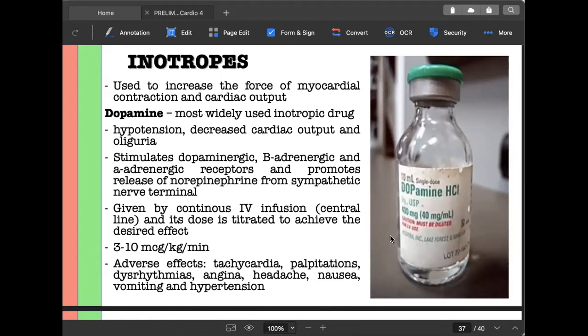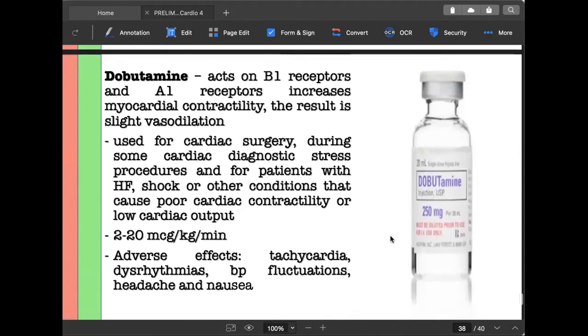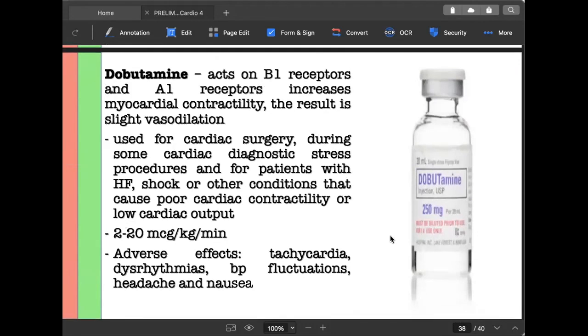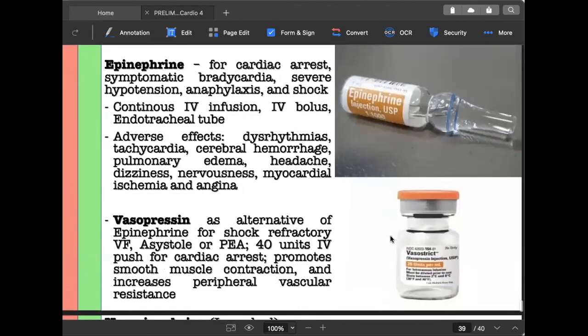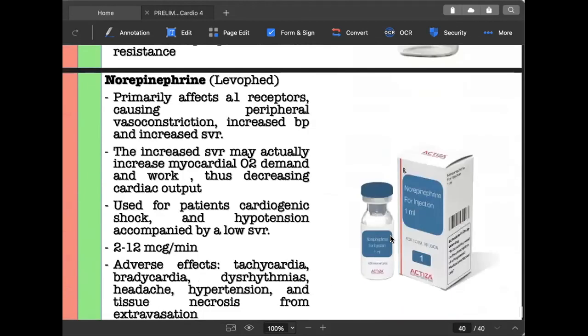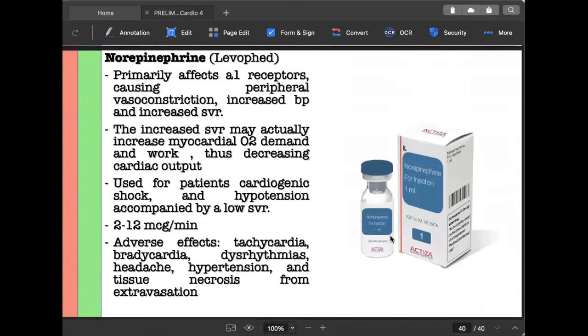We also have your dobutamine. Just read these things. If you read them, you will already understand their relevance, their side effects, as well as the things that you need to watch out for. You also have your epinephrine and your vasopressin. And lastly, we have your norepinephrine.